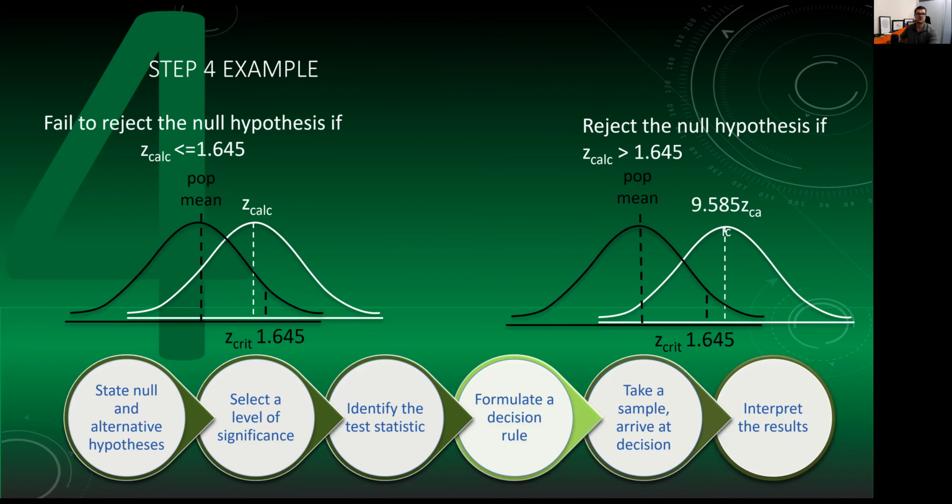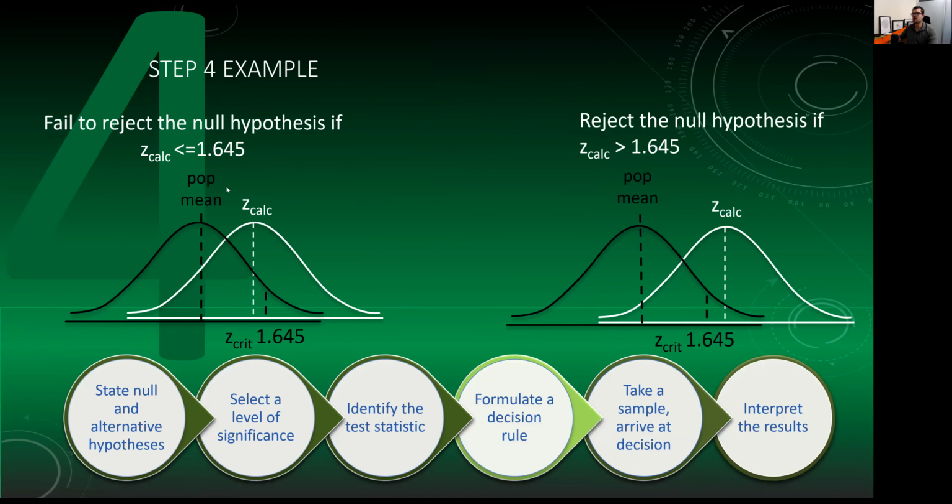So it is really far over. It's really far over here, so far over that you wouldn't even be able to see it. It's really far over to the right-hand side. So that's how you do that.